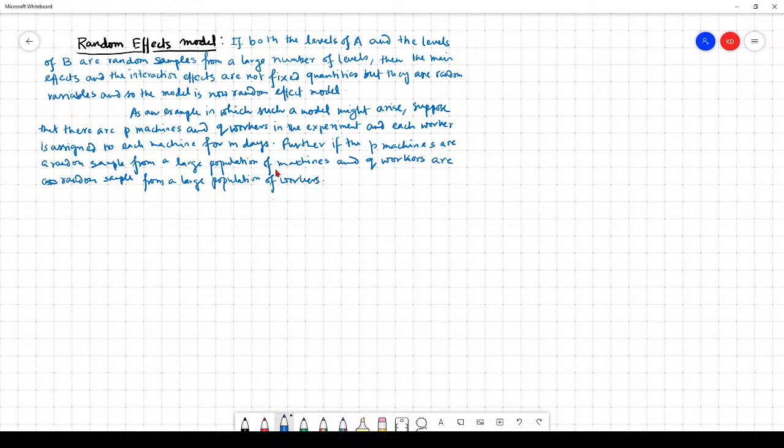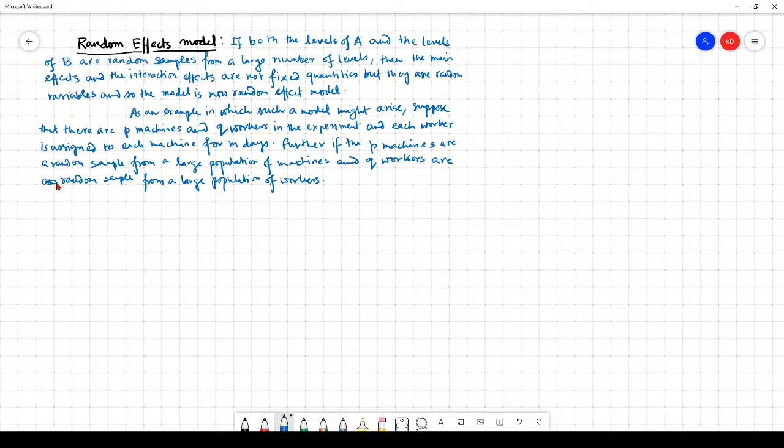So for the random effect model, both the levels are random. This is the criterion for the random effect model for two-way ANOVA.